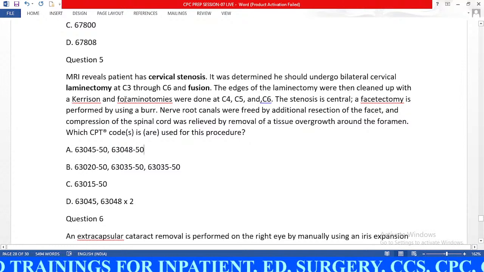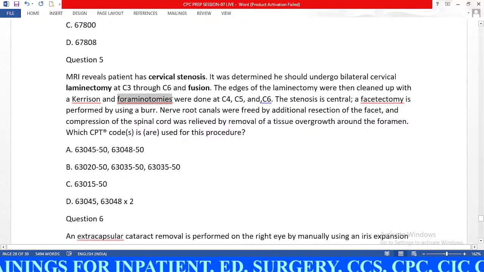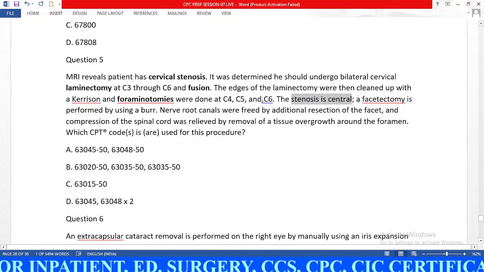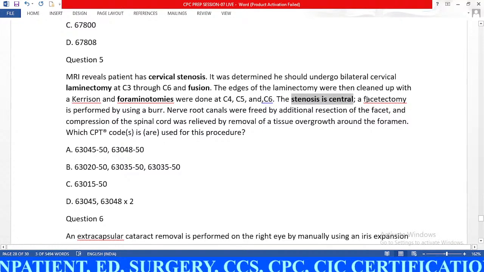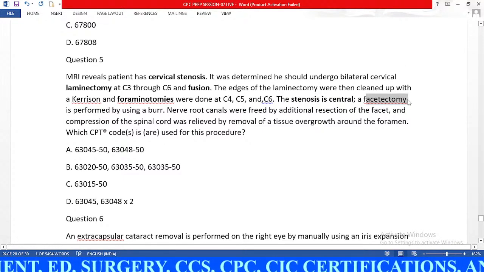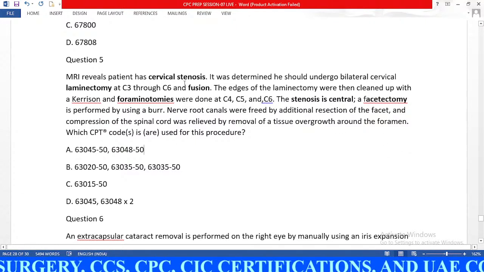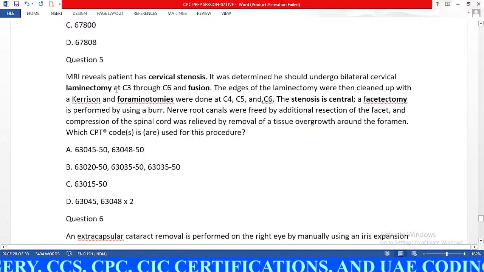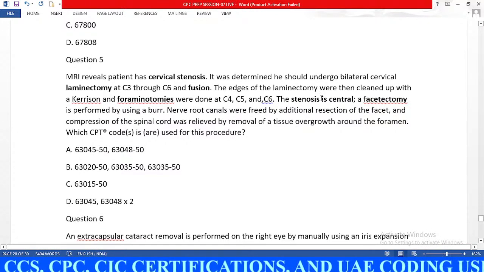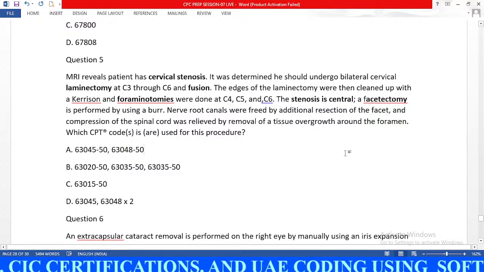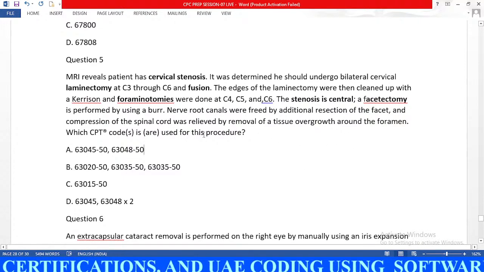So laminectomy is one keyword, foraminectomy one keyword, stenosis is also one keyword, and facetectomy is also one keyword. So the physician has performed multiple procedures in this session: laminectomy, foraminectomy and facetectomy. Facetectomy means removal of facet joint. So now we will check.